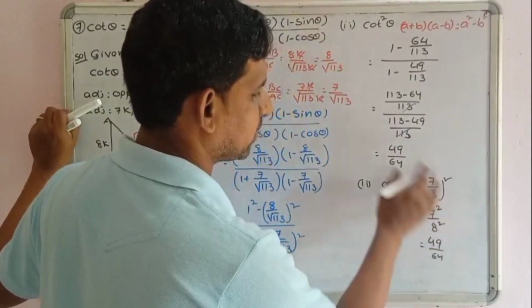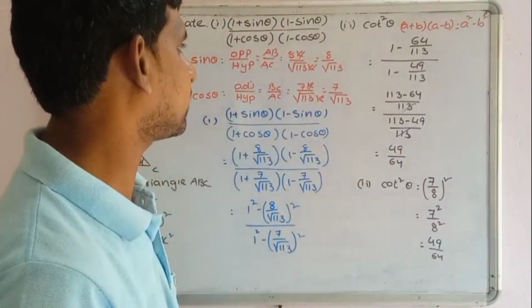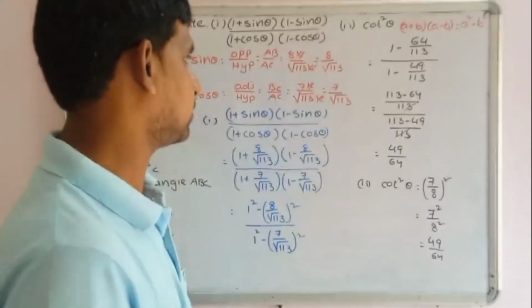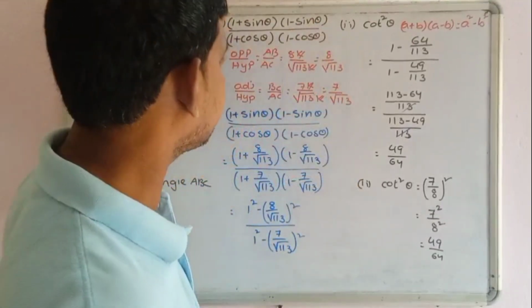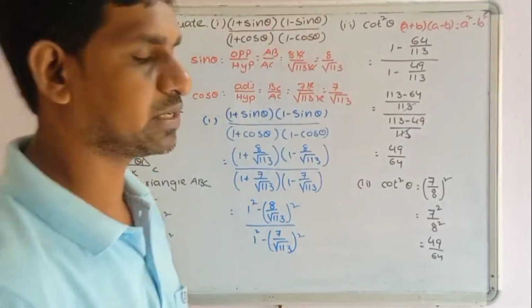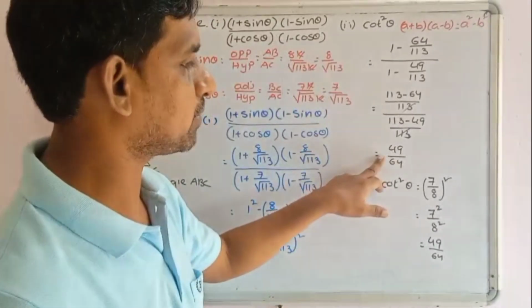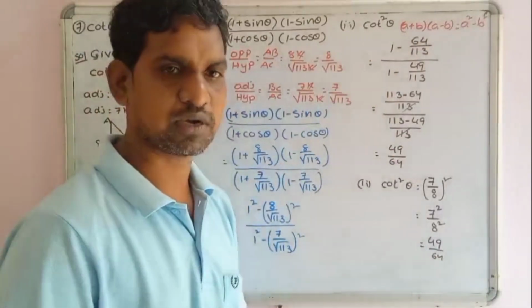So I think both values are the same, that means cot square theta equals 1 plus sin theta into 1 minus sin theta by 1 plus cos theta into 1 minus cos theta. But here it is not asking that, only the values. I found the value of 1 plus sin theta into 1 minus sin theta by 1 plus cos theta into 1 minus cos theta is 49 by 64, and the other one, cot square theta, also has the value 49 by 64.